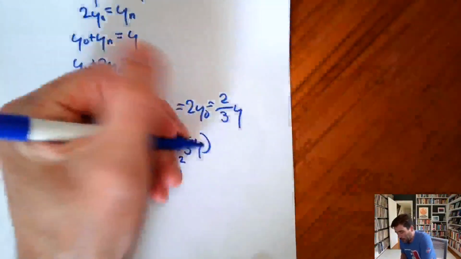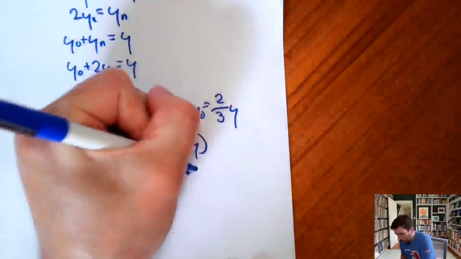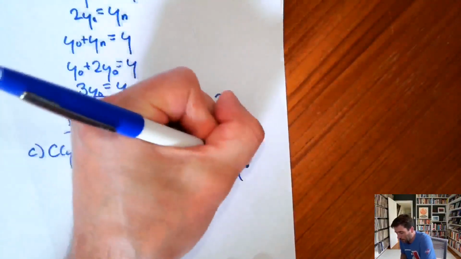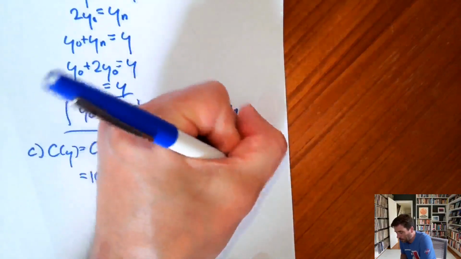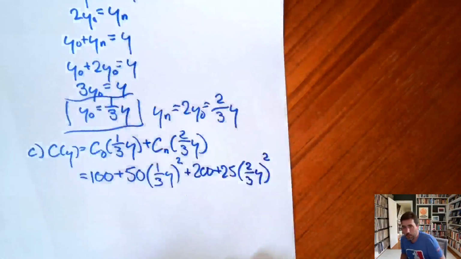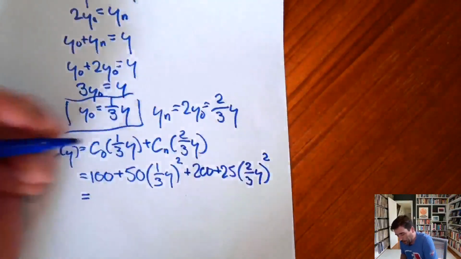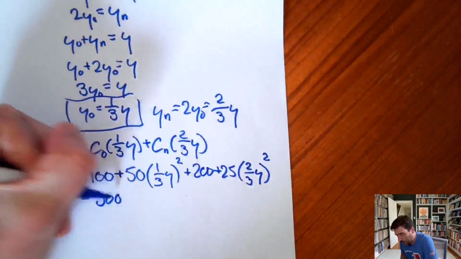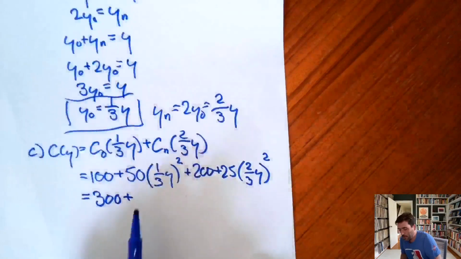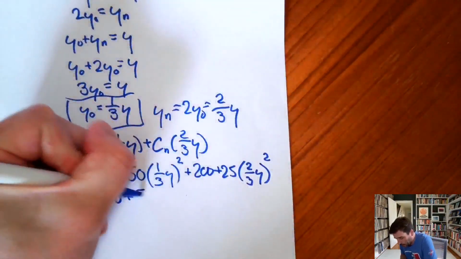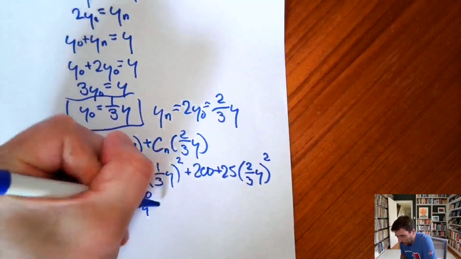My new factory was 200 plus 25y squared, but we're replacing y with that 2/3 y. So I've got my 100 and my 200 are going to add together to give me a 300 out front. This is going to give me 50y squared over 9, say 50 over 9 y squared.